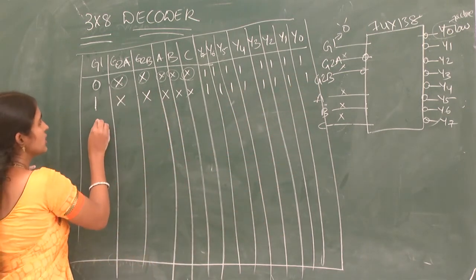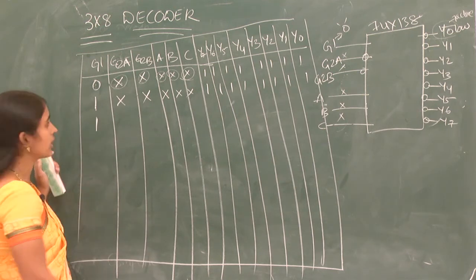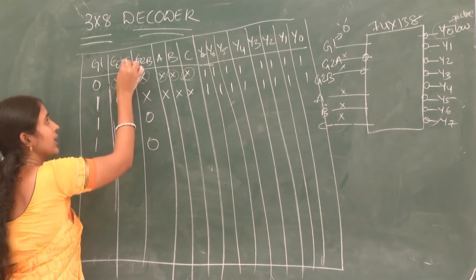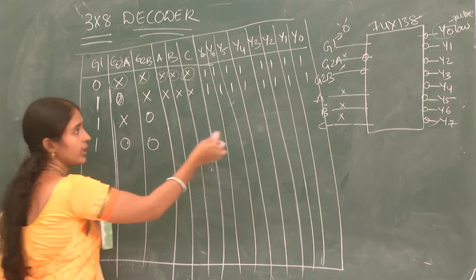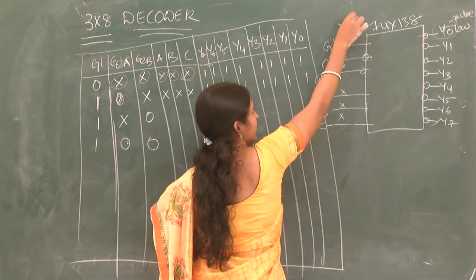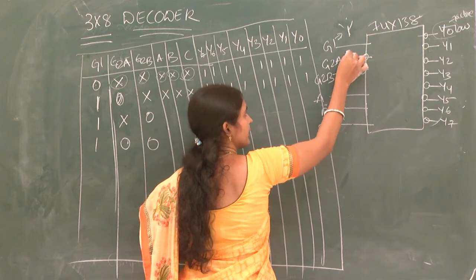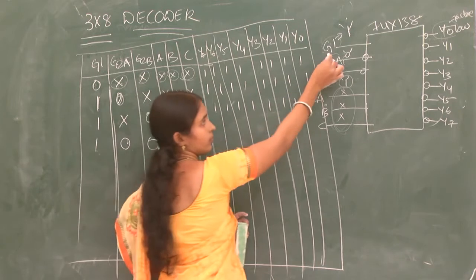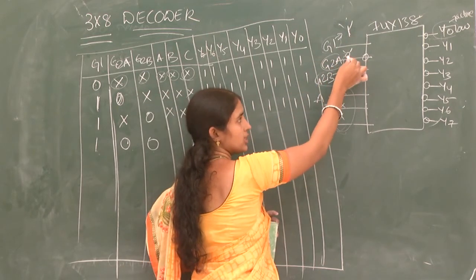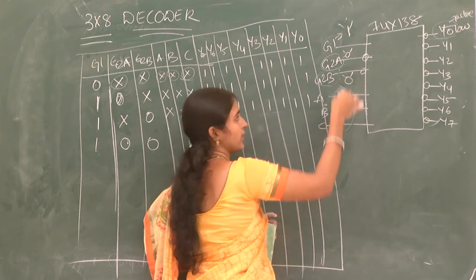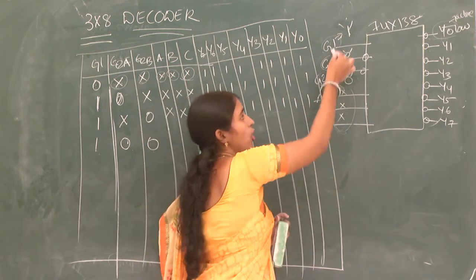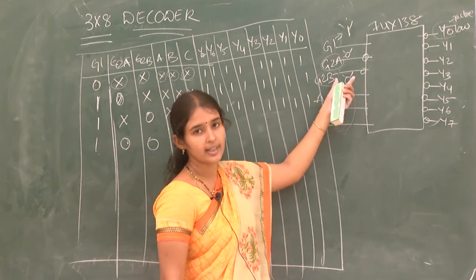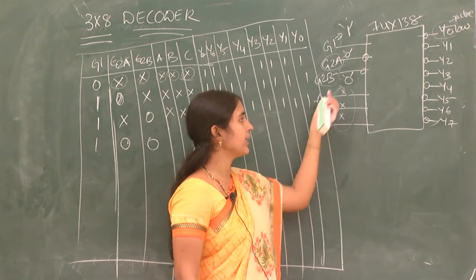At the same time, suppose G1 is 1, G2A is 0 and G2B is 0. That means all the enable pins are activated, so all inputs are enabled, and you can provide any input.